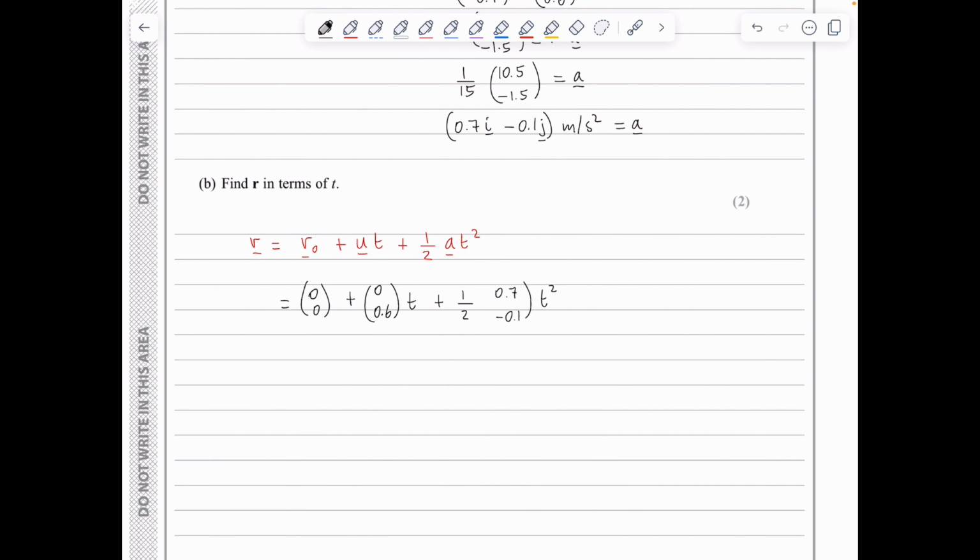I will be giving my answer in terms of i and j. So the i component turns out to be 0.35 t squared i, and the j component turns out to be 0.6t minus 0.05 t squared, and that's meters.